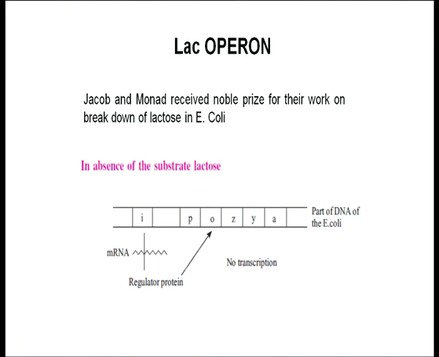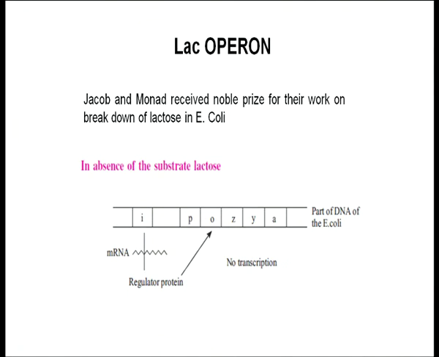I synthesizes a regulator protein which will go and bind to the operator when lactose is not present in the medium. Once the regulator protein binds to the operator gene, the RNA polymerase cannot bind to the promoter gene and the transcription of the structural genes will not take place.